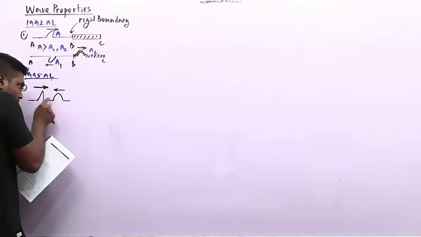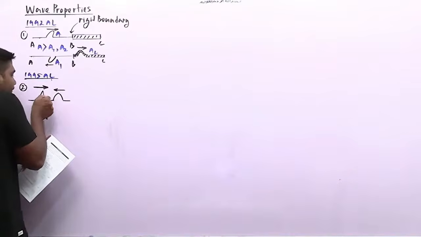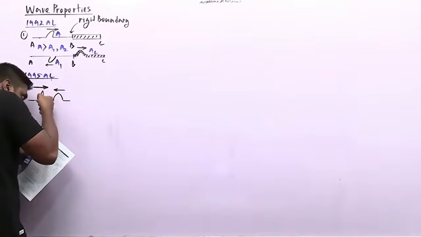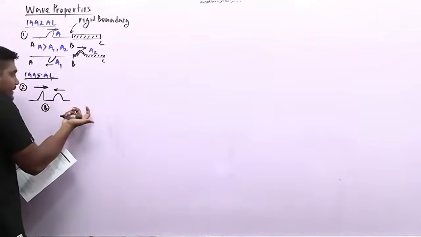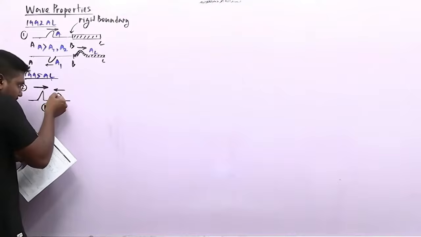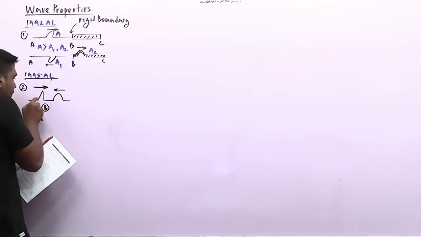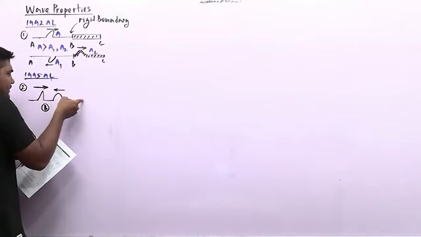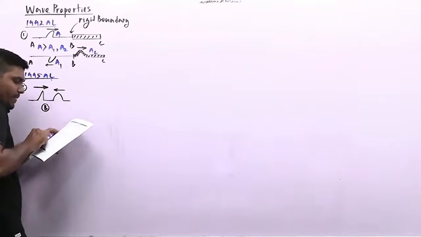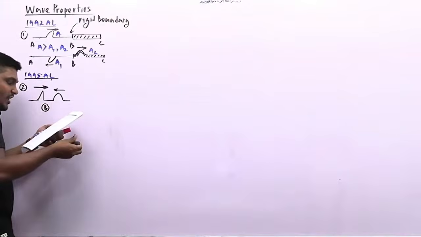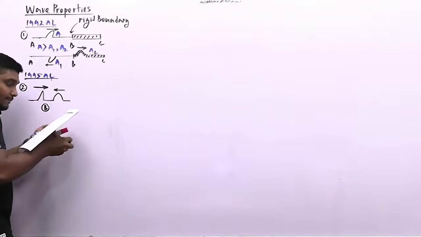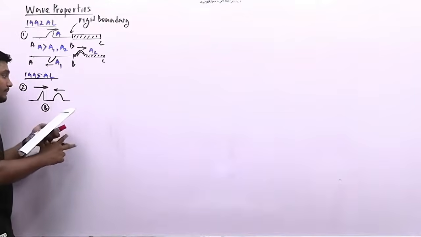During the moment both pulses superimpose, we can clearly see a difference in the resultant pulse shape. But some time later, this pulse keeps on moving left, and this pulse keeps on moving right. Based on the given diagram, they're asking which of the following diagrams best represents the shape of the pulses in the subsequent motion after they meet together.